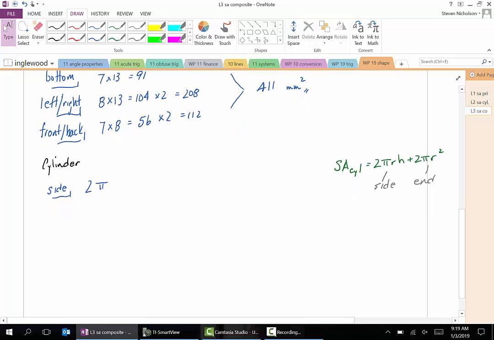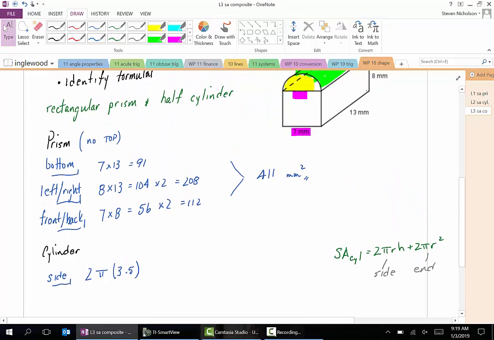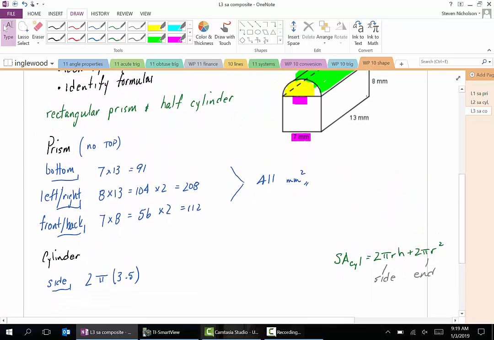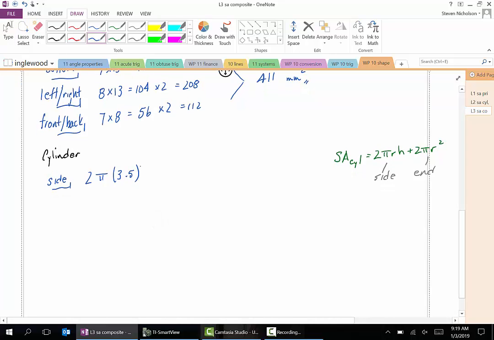And remember, radius is half diameter, so half of 7 is 3.5. And again, that cylinder is 13 millimeters long. So here's our formula, and that would be a formula that we would use to figure out the surface area of the side or the outside if we had an entire cylinder.